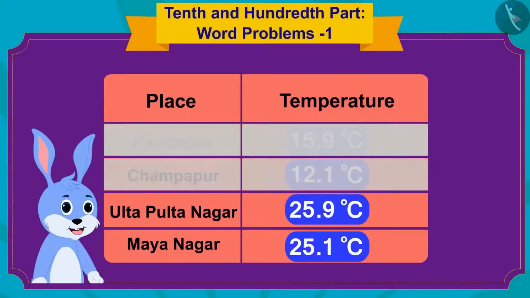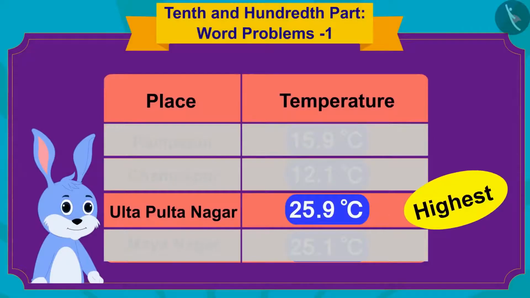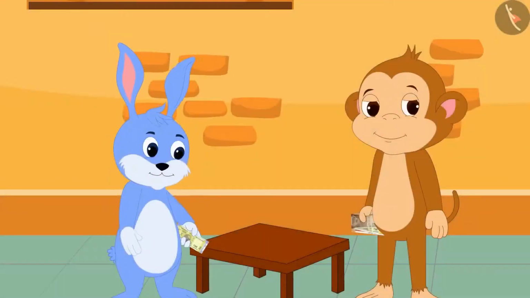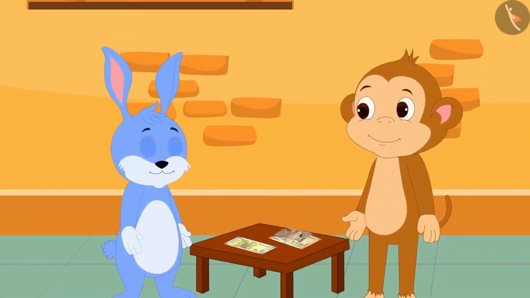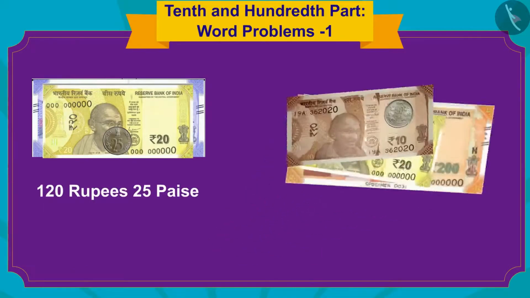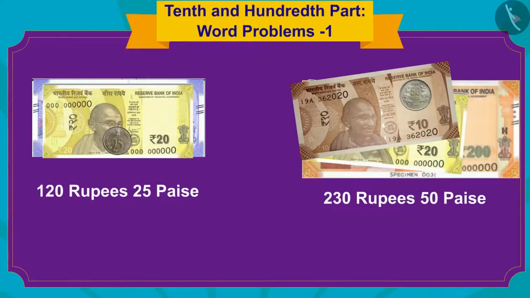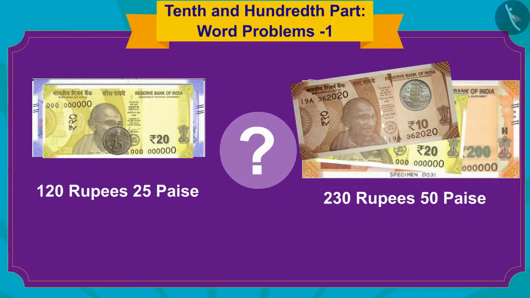Bunny also found the place with the highest temperature just like us. Bunny and Babban collected some money together. Now Bunny is thinking, I have my 120 rupees 25 paise and Babban's 230 rupees 50 paise. Now, how much money do I have in total?